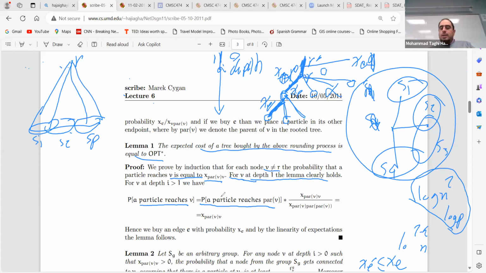So by induction, I know that this is equal to X of the parent of V, and then times essentially the probability that I'm putting this new particle or token. So this cancels out, so this becomes this. That's the important one. So I know that each edge has this probability X_e, and because of the linearity of expectation, the lemma follows.